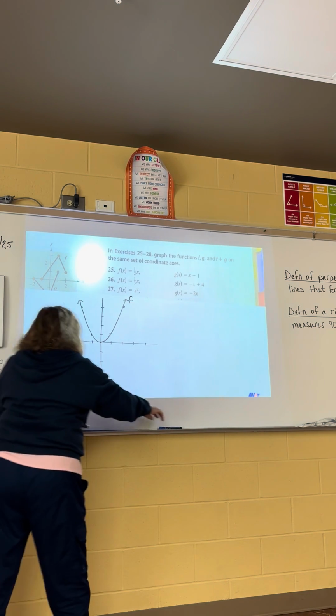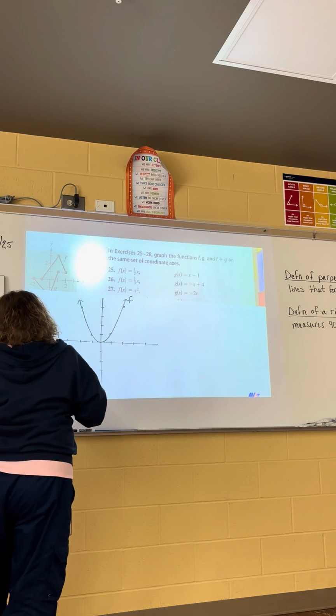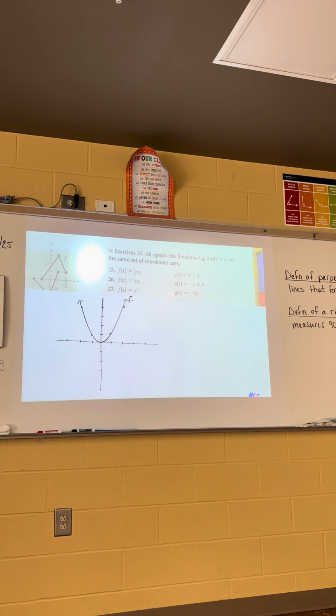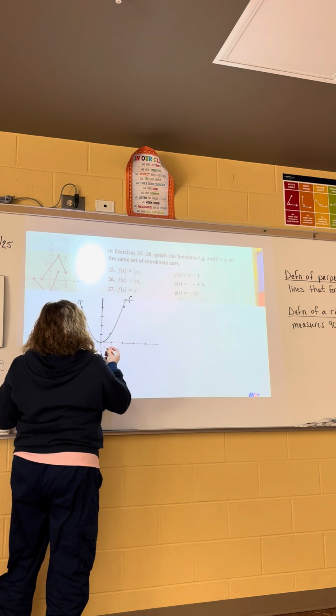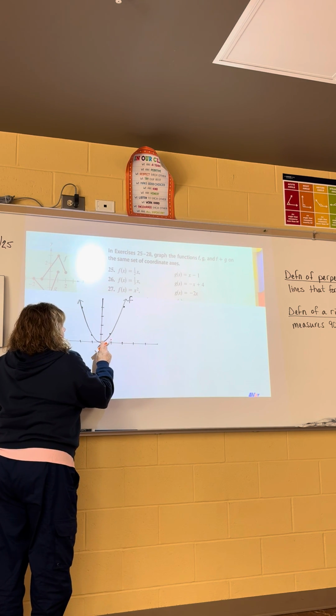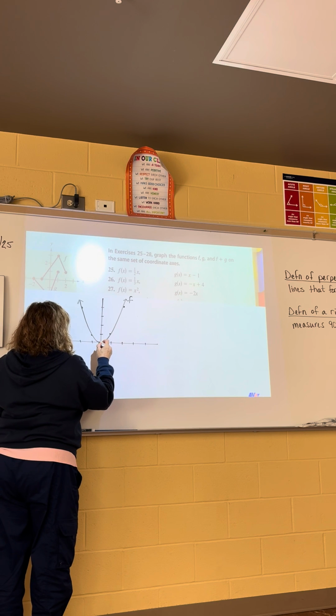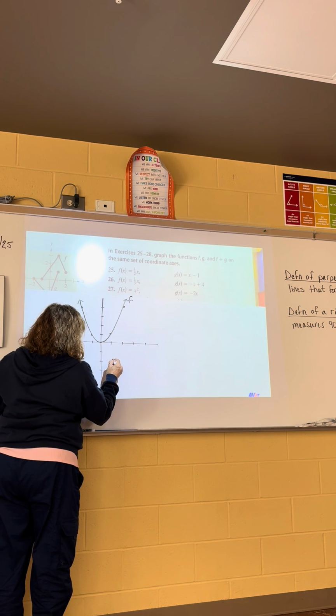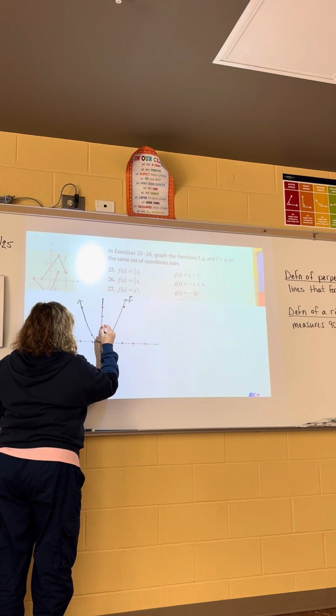The linear function is g of x equals -2x. It passes through (0, 0) and has a slope of -2, so down 2, run 1, or up 2, back 1.